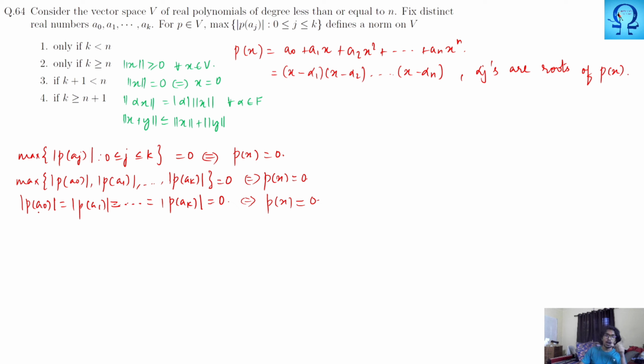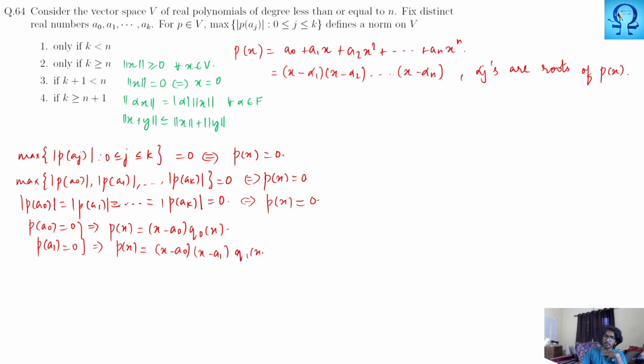Okay, this is what. If this is so, then what can we say? Absolute of p of a naught is 0, which means p of a naught is 0. If p of a naught is 0, then I can write my p of x as x minus a naught into some q naught of x. Okay, p of a1 is 0. If I combine these two things, I would have p of x is x minus a naught, x minus a1, then some q1 of x.